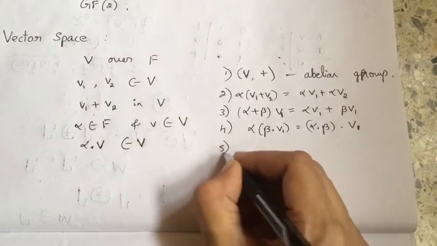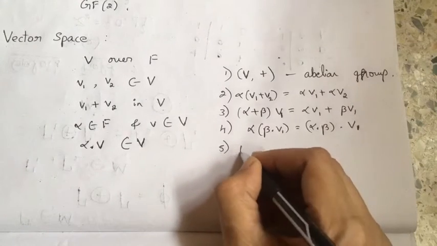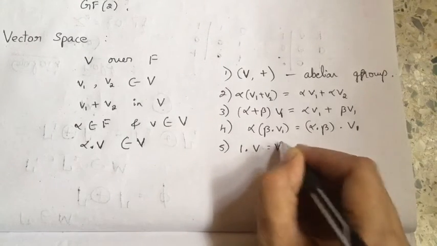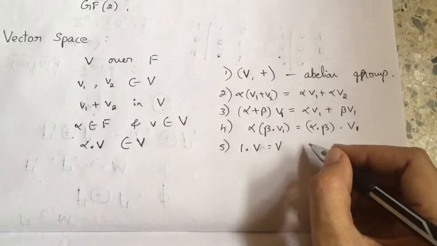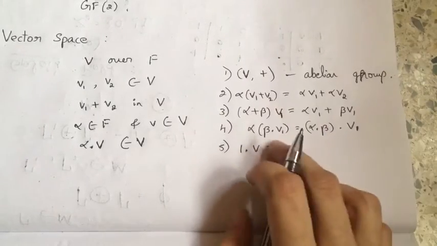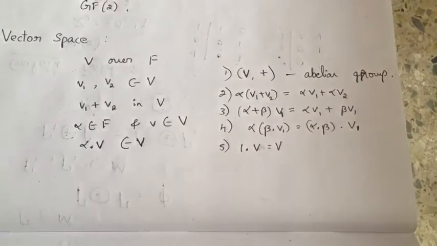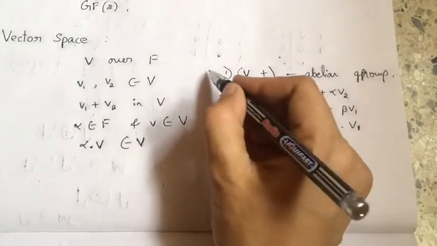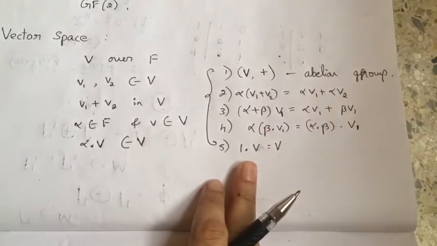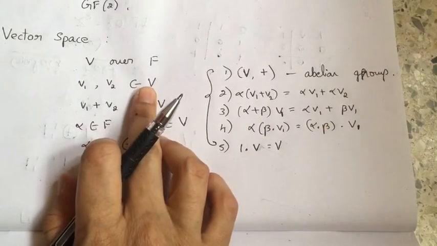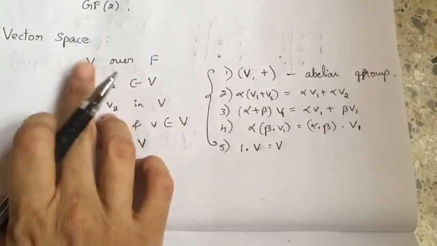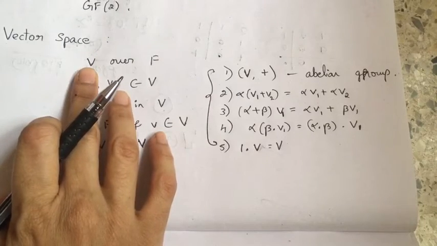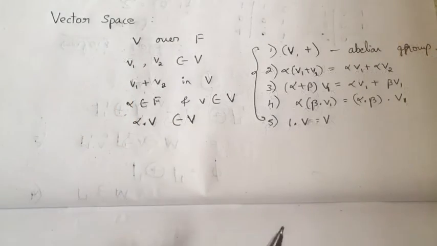And at the end, 1 into v is equal to v, for any alpha, beta belonging to F and v1, v2 belonging to V. If this is satisfied for all the vectors in set V, then I can say that set V is a vector space.